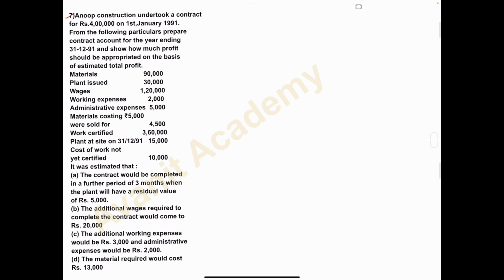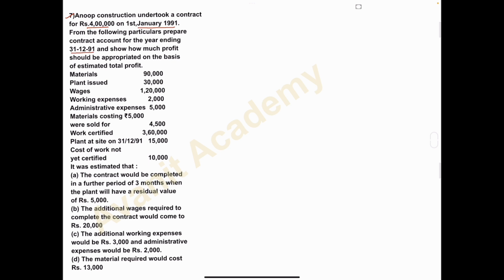Anup Construction undertook a contract for rupees 4 lakh. The price of the contract is 4 lakh, on 1st January 1991. From the following particulars, prepare contract account for the year ending 31st December 1991.